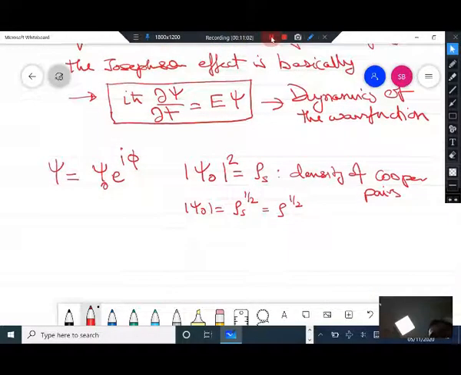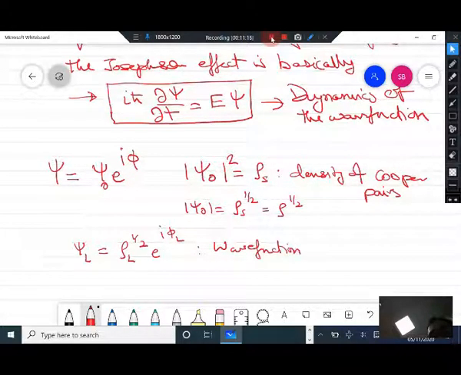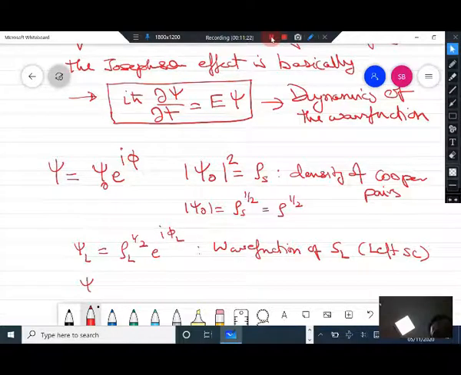So this is nothing else but rho. So you will have a wave function on the left which is rho l raised to half e raised to i phi l. This is the wave function of SL, which is the left superconductor, and on the right it will be rho r raised to half e raised to i phi r.